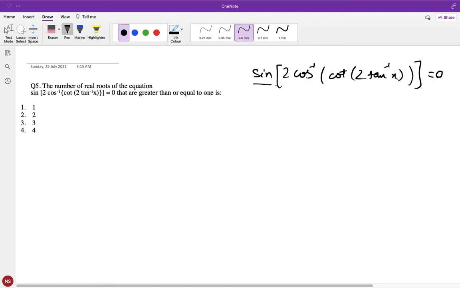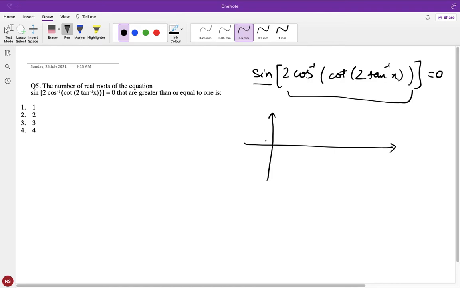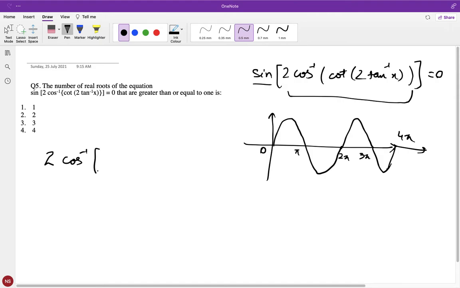Okay, this is sine, and so we need to know for what all angles sine is 0. We know that from the graph of sine x, this is 0, pi, 2 pi, 3 pi, and if we go further, 4 pi. All these values, sine is 0. So I have reduced the equation by one step.